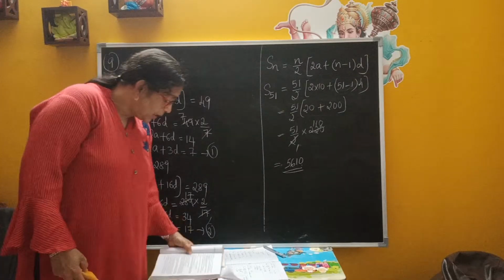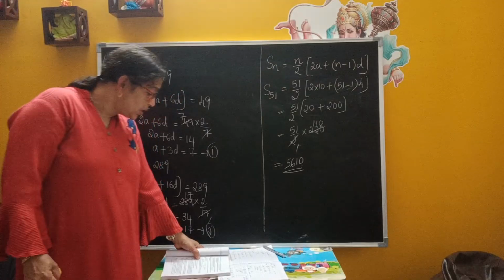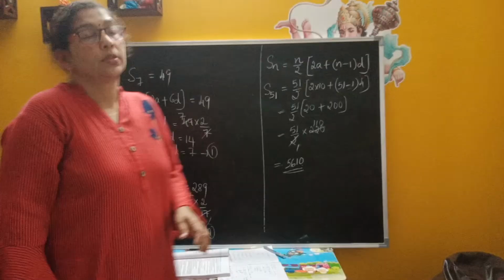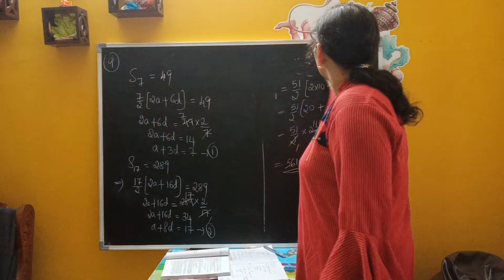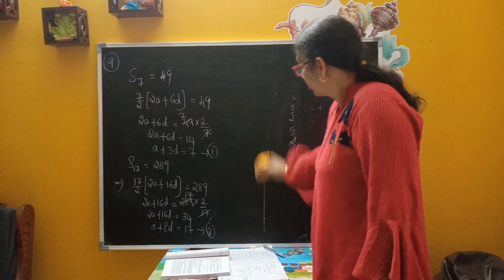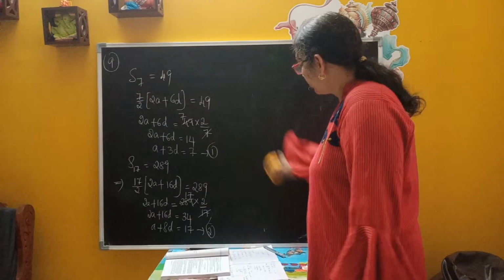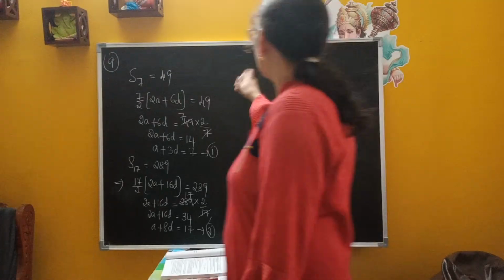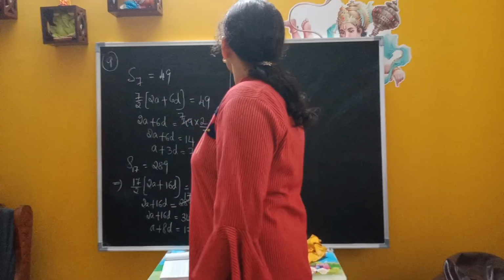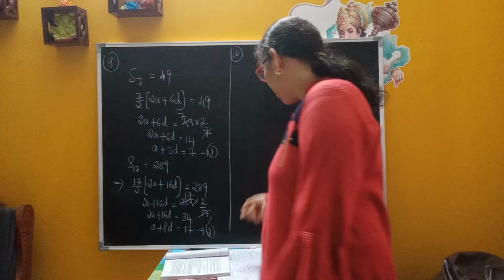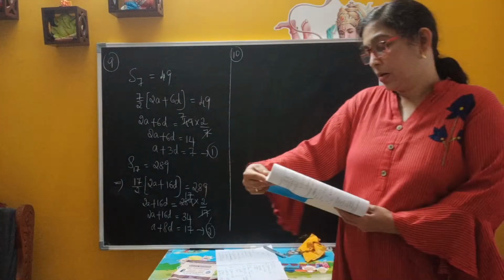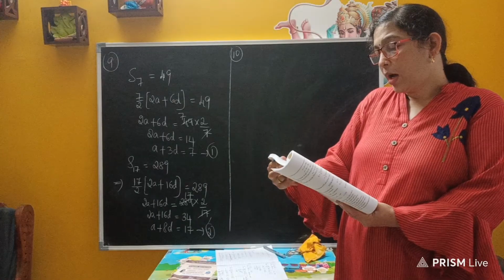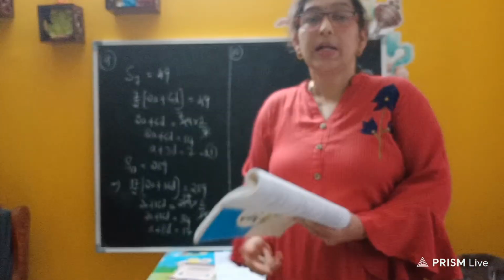Next is the 10th problem. I'll go with the first sum in 10th main. The question is, show that A1, A2, ..., AN form an AP where AN is defined as below.